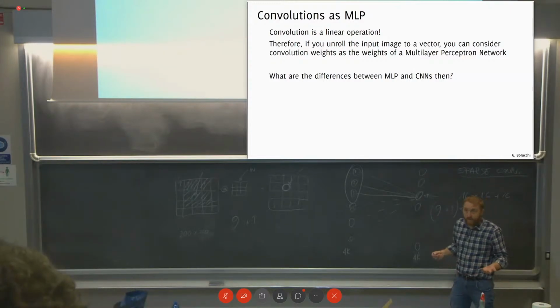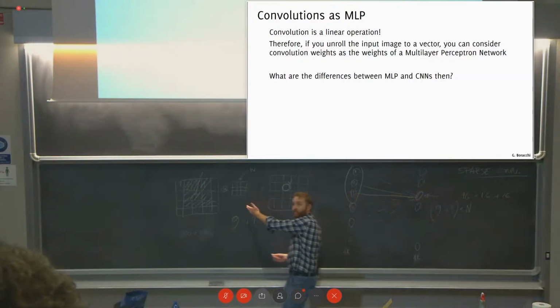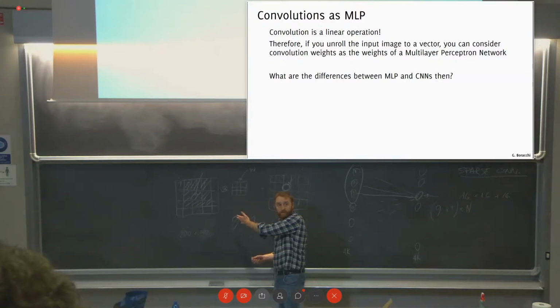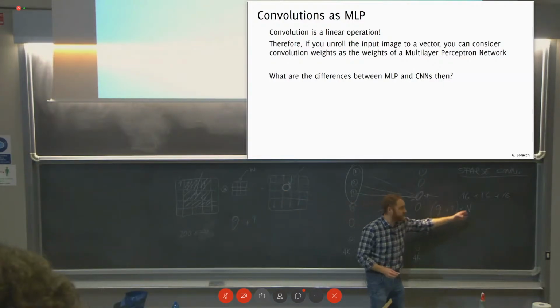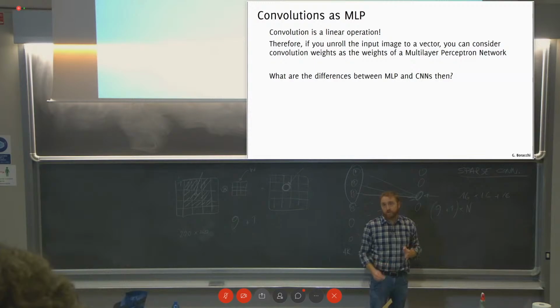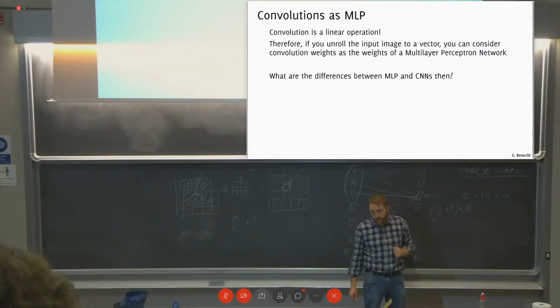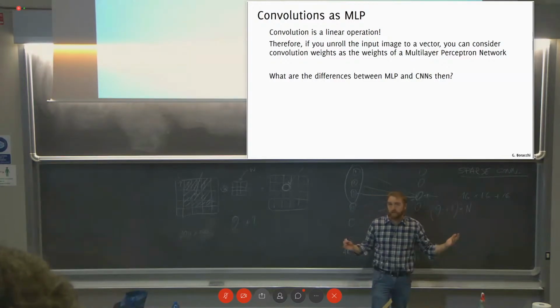But this is not the case, because you know that the parameters I have in this layer are only 9 plus 1, not 9 plus 1 times the number of output neurons. Correct? And why? So what happens to these weights?